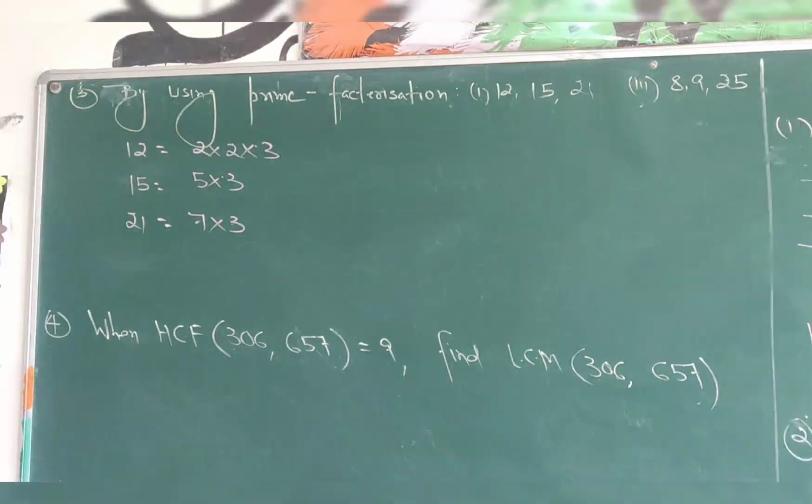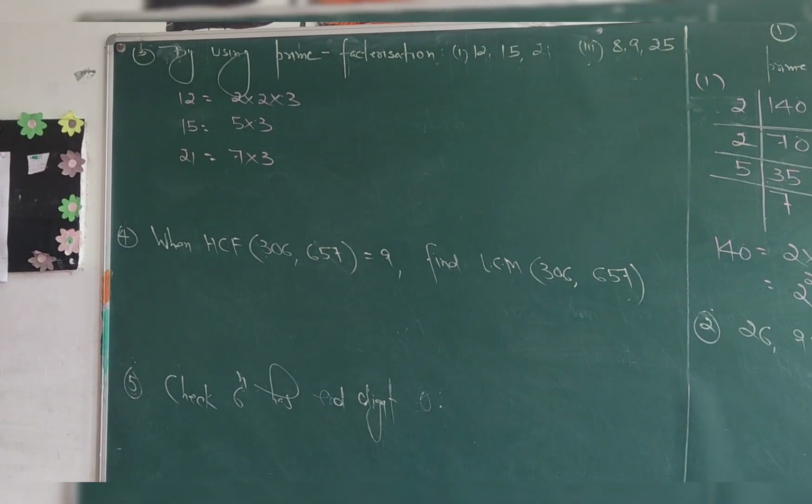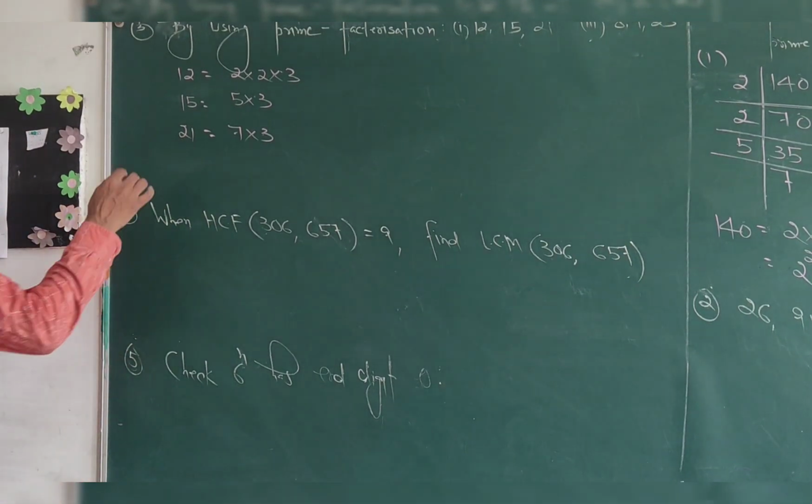We see here that 3 is common in all the terms, so we can say that 3 is the highest common factor of 12, 15 and 21.